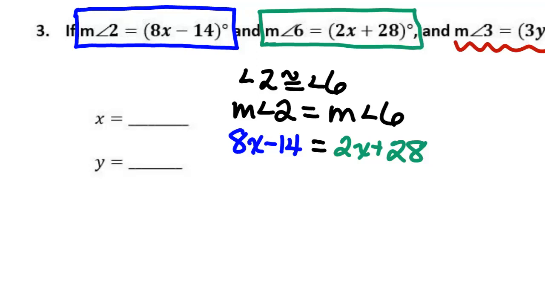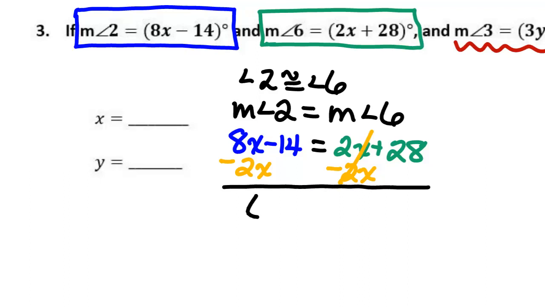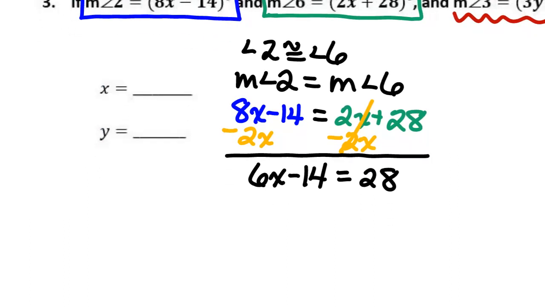All right, let's solve this for x. Let's group our x's together on one side first. How do I get my x's grouped? Subtract 2x from both sides. So I would have 6x minus 14 equals 28. Add 14 to both sides.